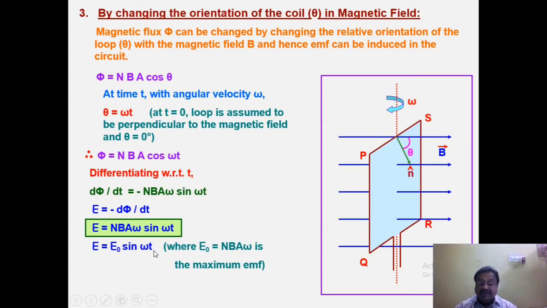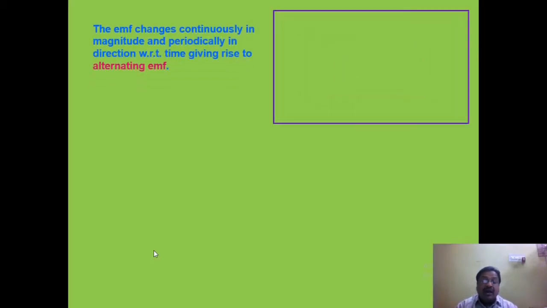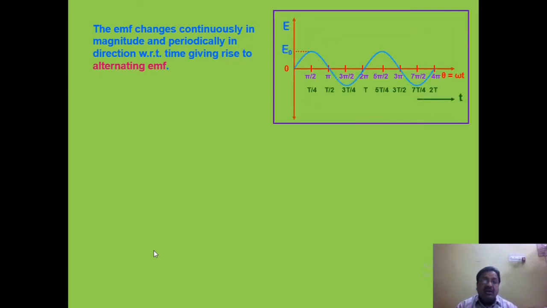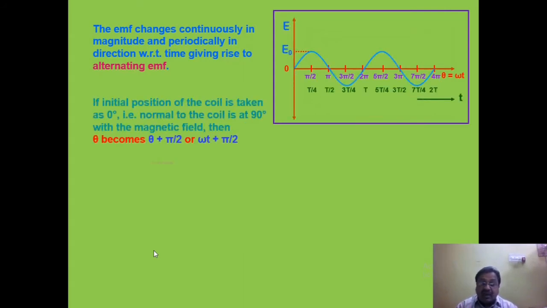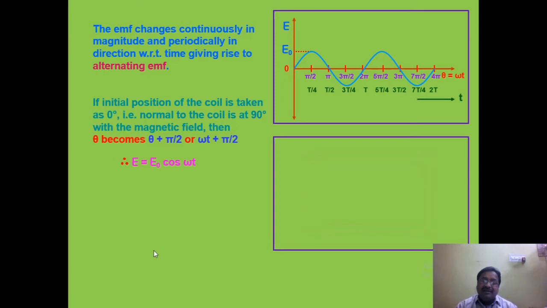It is cos omega t. Therefore we obtain this expression: if this angle is omega t plus pi by 2, then E will be equal to E0 cos omega t. Right? I think very well you can understand this point.